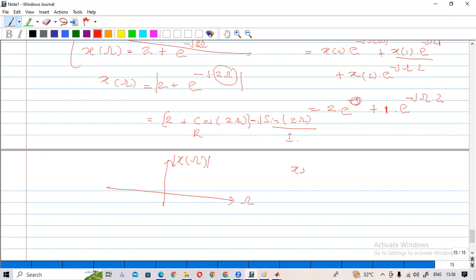To find the magnitude of X(omega), you take this term squared plus this term squared: the square root of (2 plus cos 2 omega) squared plus sin 2 omega squared.